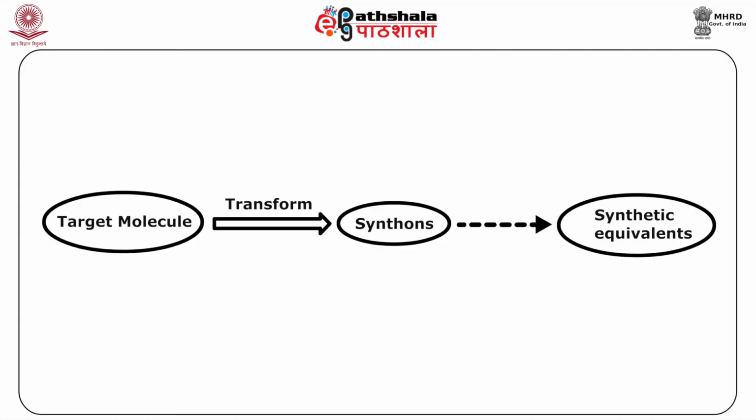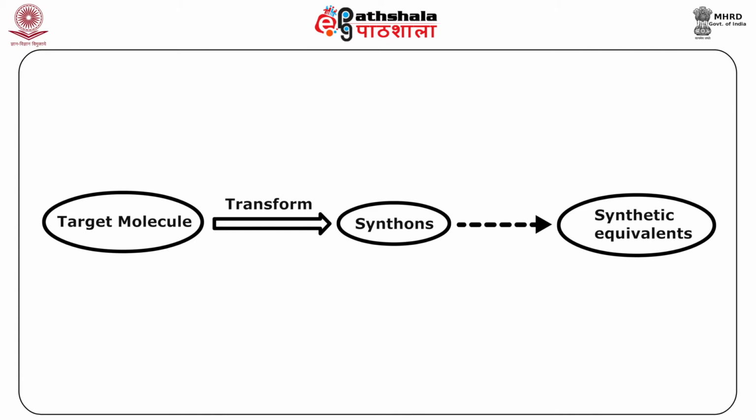In a reverse synthesis or retrosynthetic analysis, we actually move from the target molecule to the synthons and then further to the synthetic equivalents, and this can be represented in this way. So you have the target molecule first, you break the target molecule from different positions, that is how you get different retrosynthetic routes, and then breaking that gives rise to synthons, which are positively or negatively charged species.